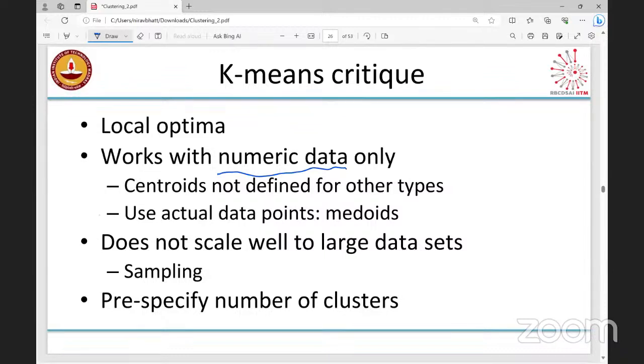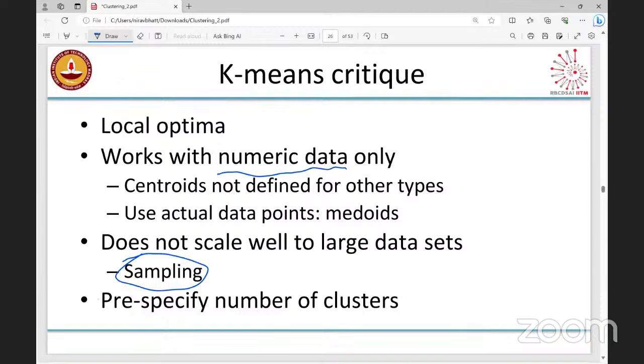It does not scale well to large data sets. Of course, people try to come up with solutions like sampling, but as data grows, k-means becomes computationally costly, and that would have an impact on your algorithm speed and ultimately clustering analysis.